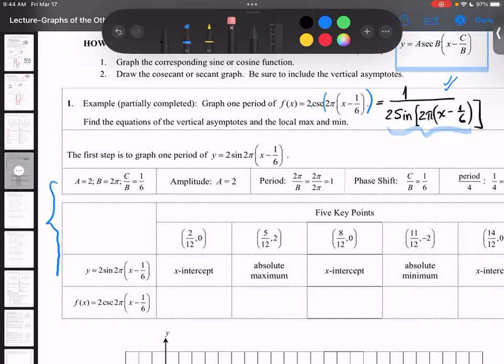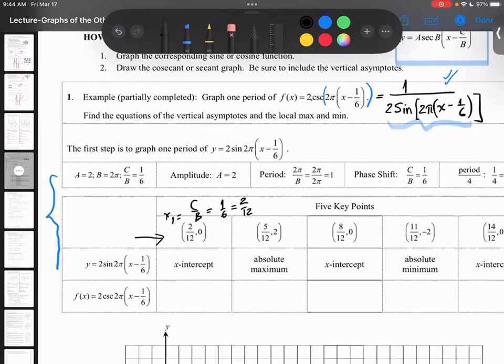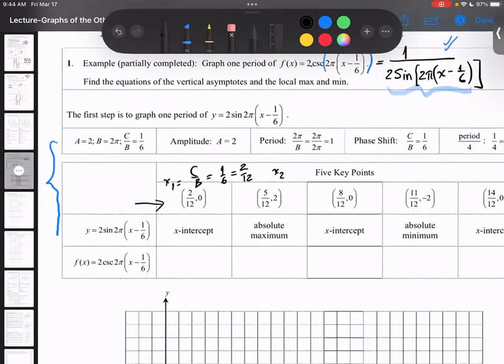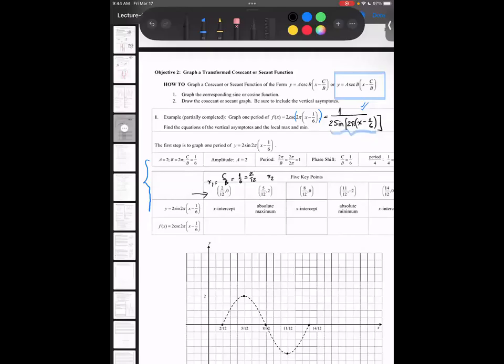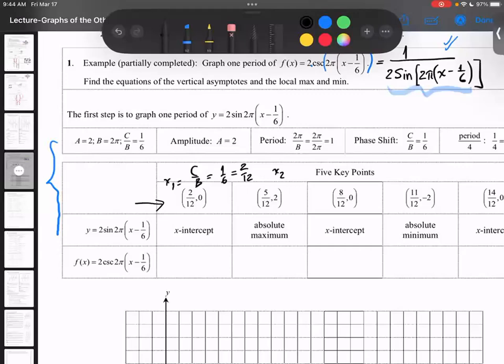If you wonder where those come from, the first one, x1, is equal to C over B, which in this case is 1/6. They like to write it as 2/12. It's the same thing. And then you do x2, etc. So you can remember those. Now, that's y equals 2 sine 2 pi of x minus 1/6. But it's not the one I want. The one I want is the cosecant, the reciprocal of that.